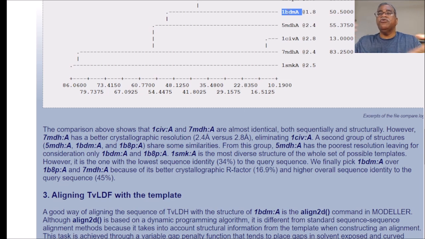Okay, so you know more about it, and you might say, well, maybe this gap, maybe this loop needs to be a little longer, maybe the boundary between this loop and the helix is a little too constrained based on how they did the alignment. I want to relax the edges a little bit. So these are decisions that you make, and therefore it's kind of an art and a science.